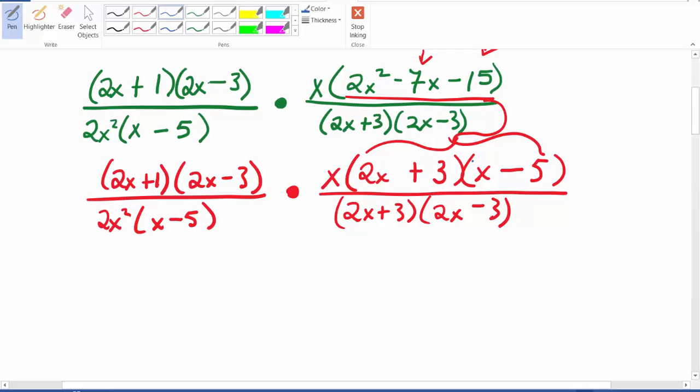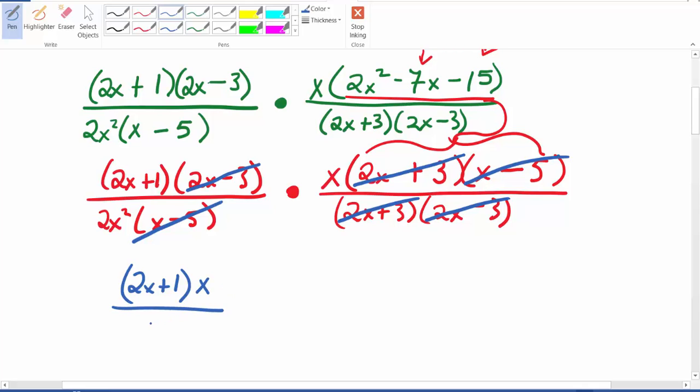Now when we do that, we end up with these 2 dropping. Looks like the 2x minus 3s can drop out as well. And even the x minus 5 can drop out because we are again multiplying that. And so as a result, it looks like we end up then with 2x plus 1 times x over 2x squared.